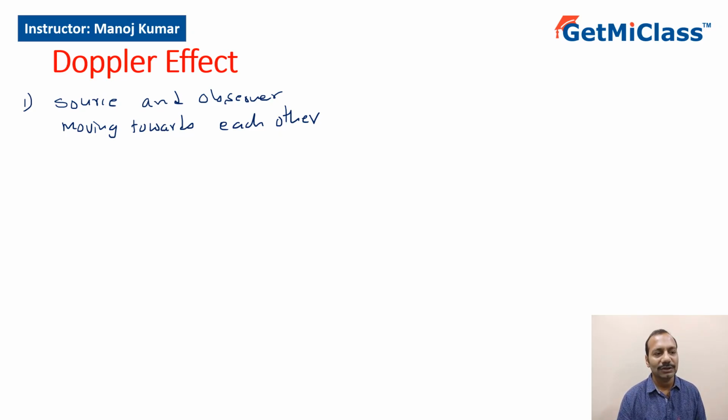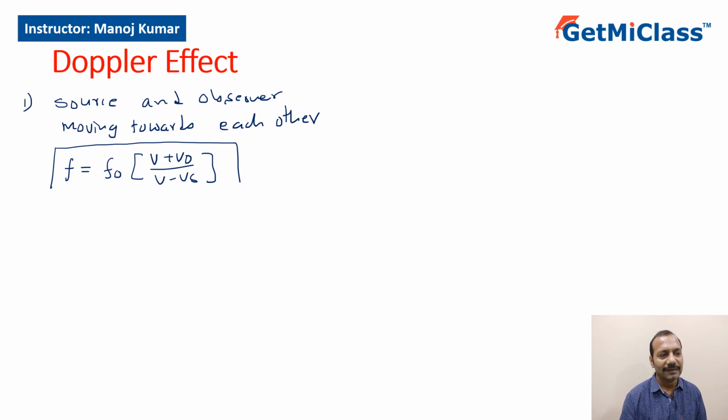So both motions should result in an increase in frequency. So the apparent frequency is given by f naught into v plus vo, increase in numerator, and v minus vs.